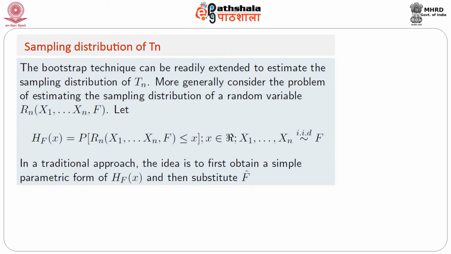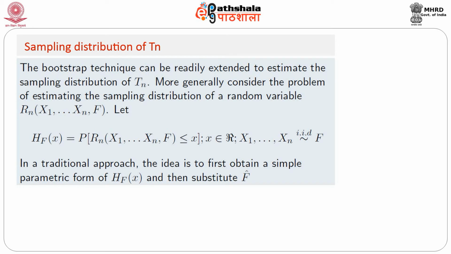More generally, consider the problem of estimating the sampling distribution of any random variable, say Rn(x1, x2, ..., xn, F), that is, the CDF H_F(x), the probability that Rn(x1, ..., xn, F) is less than or equal to x for some x which belongs to the real line R, where x1 to xn are IID F.